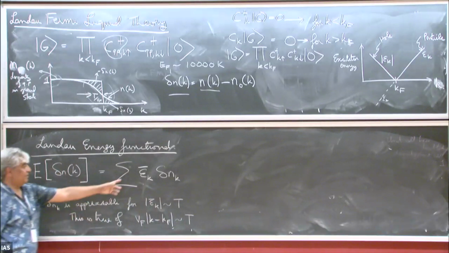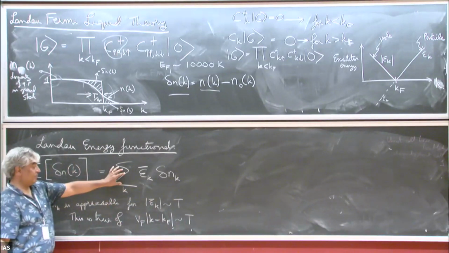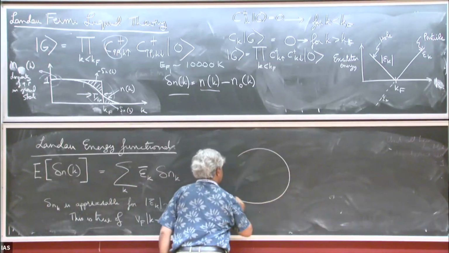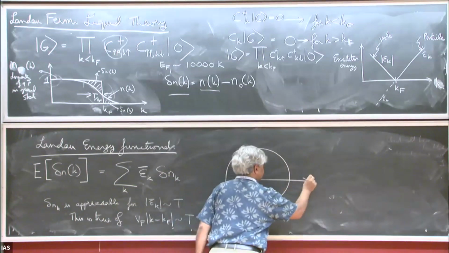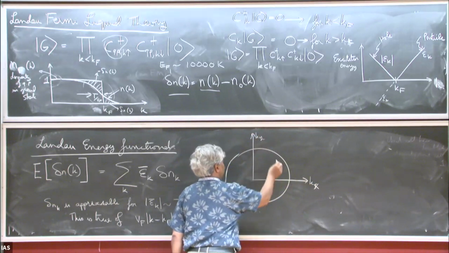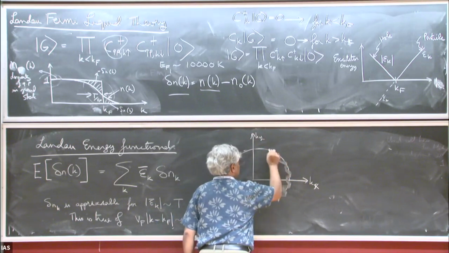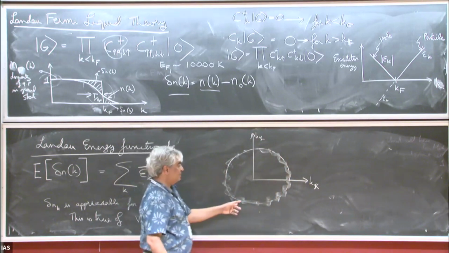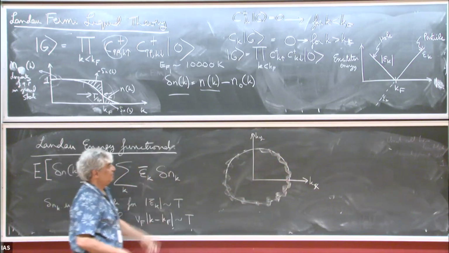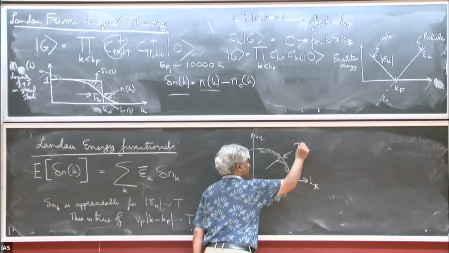Okay, so when I'm doing this integral, sum over k, I have two factors of temperature. I have one factor of temperature from the radial integral. So I have some Fermi surface here as a function of kx and ky, and I'm getting some excitations here. So things are excited. The things that are excited have energy of order temperature. That's this factor. And the window that I have to integrate over is temperature over Vf.